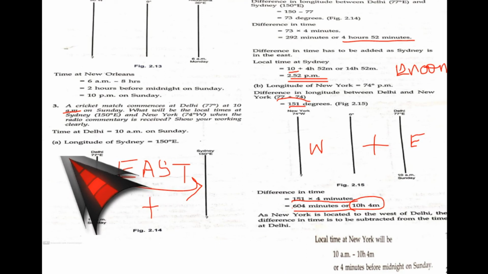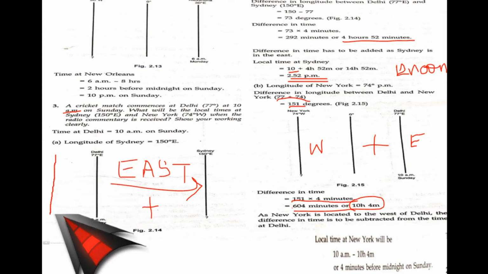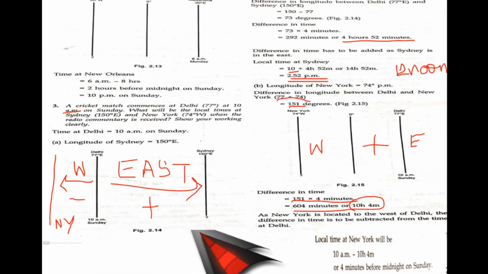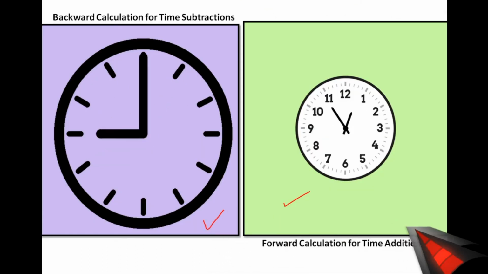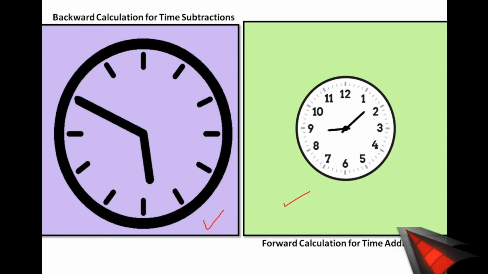So as it is from Delhi, New York is right now further westwards, so the time will be subtracted. So for subtraction, we will follow the backward calculation of time. Currently it is 10 a.m.; go back 10 hours 4 minutes.